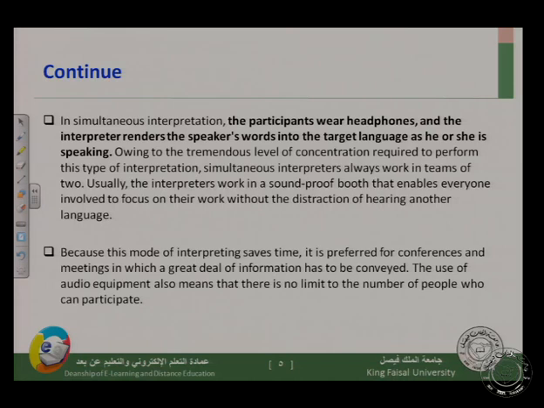So the speaker speaks and the interpreter listens through the headphones to the speaker, and at the same time interprets. And the participants, the people who are attending the conference, listen to the interpretation through their headphones. So this is simultaneous interpretation.